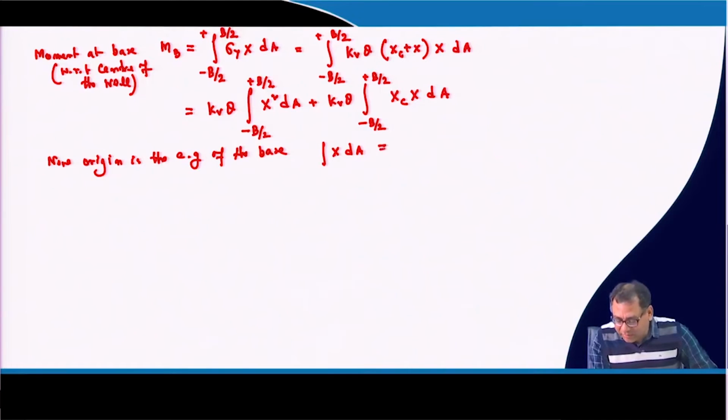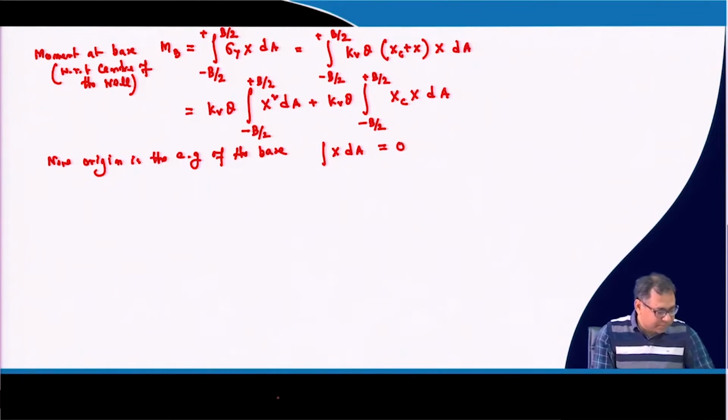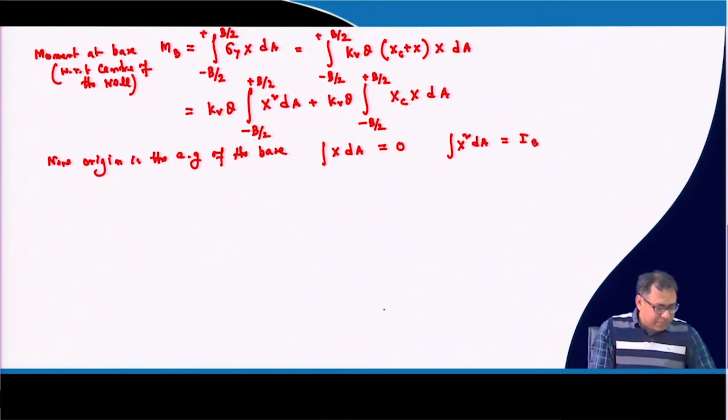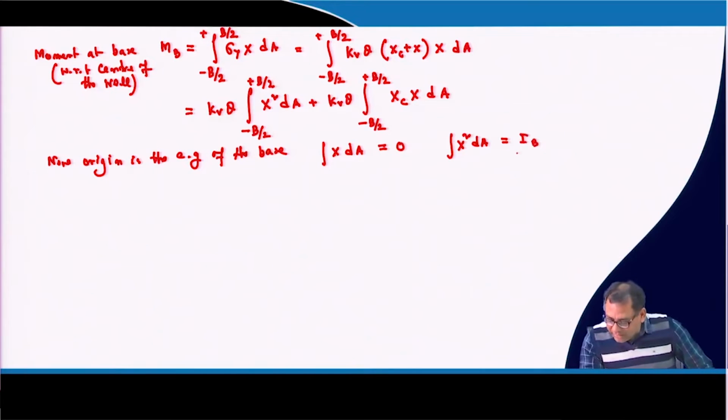So, x dA will be equal to 0. Okay. And we can write that x square dA will be equal to I b.